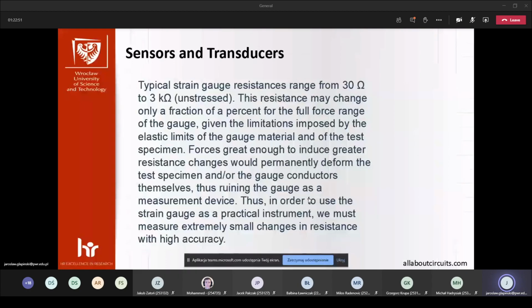So they are strictly specified in the data sheet, the maximum forces that can be applied to the strain gauge, and if we make a bad measurement and apply too much force, we can destroy the element. Okay, so it's mechanically sensitive.